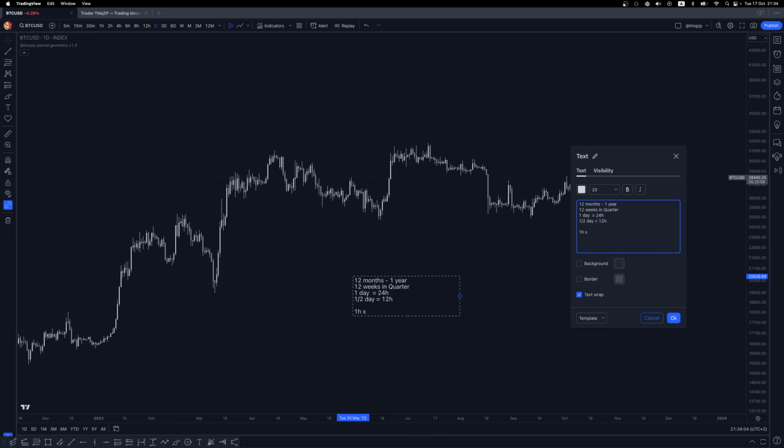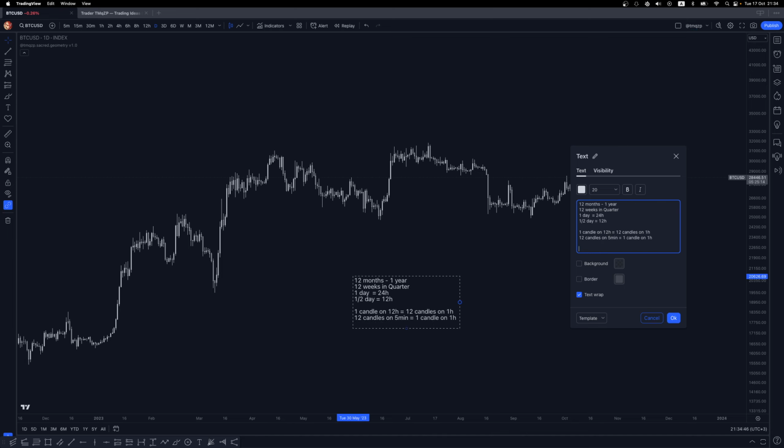So let me just type this out. 1 candle on the 12-hour equals 12 candles on the 1 hour, and 12 candles on the 5 minute equal 1 candle on the 1 hour, right?